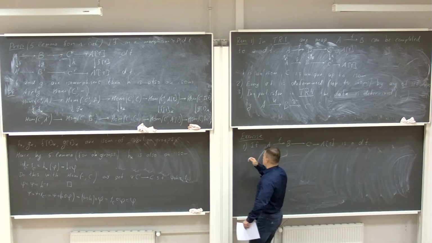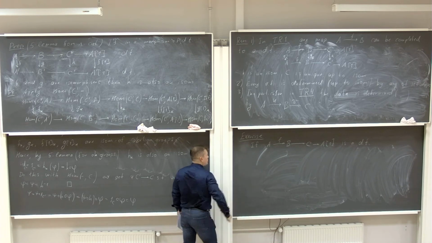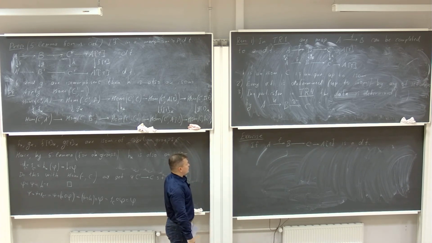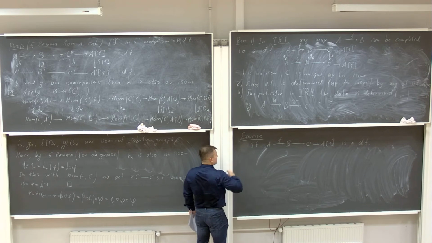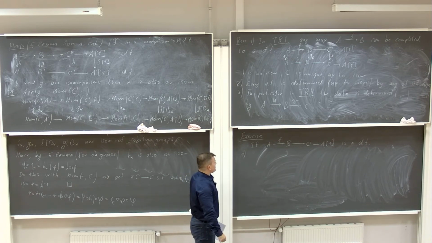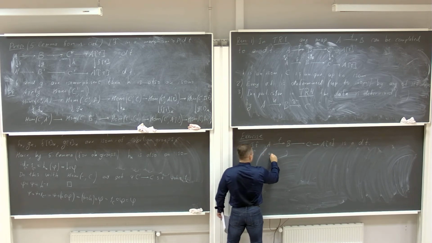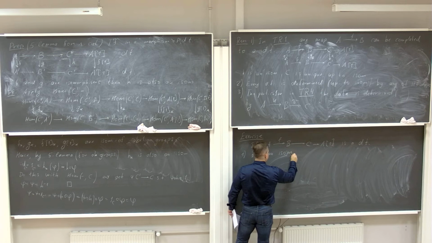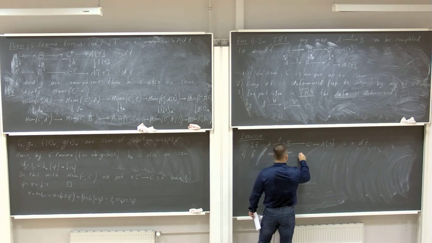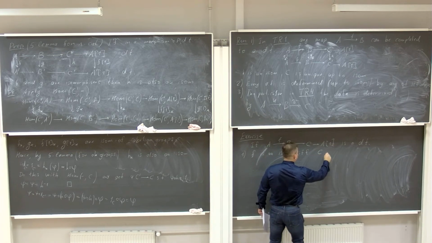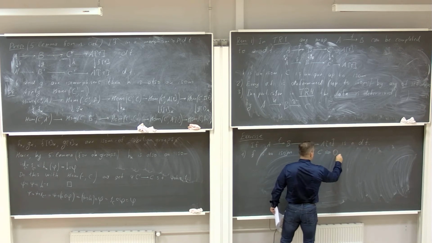I want to fix this distinguished triangle and formulate two questions about it. So this is a distinguished triangle. Then the first statement that I ask you to prove is the following: that F is an isomorphism if and only if the object C is isomorphic to the zero object.